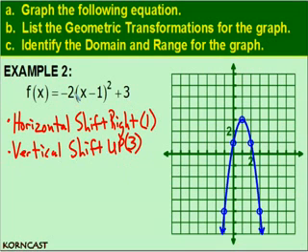And now the A value of -2 tells me that there's going to be a reflection, and a vertical stretch of 2.